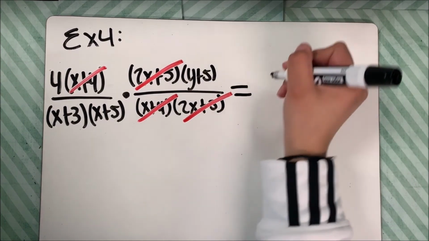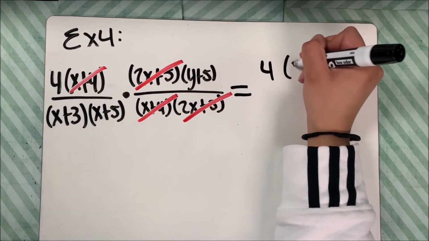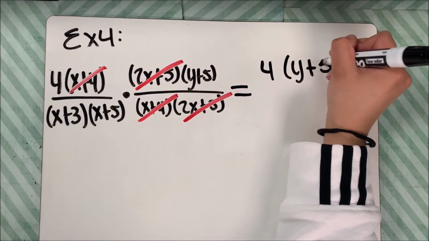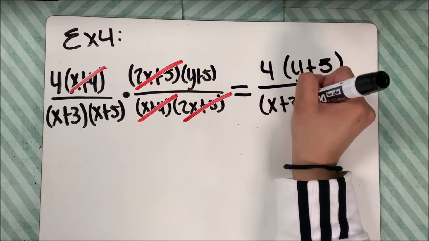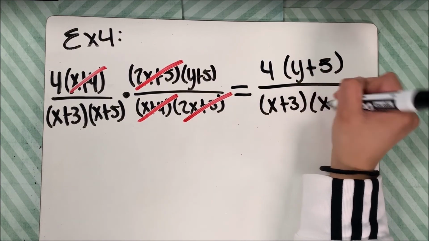And now you are left with 4 times y plus 5 over x plus 3 times x plus 5.